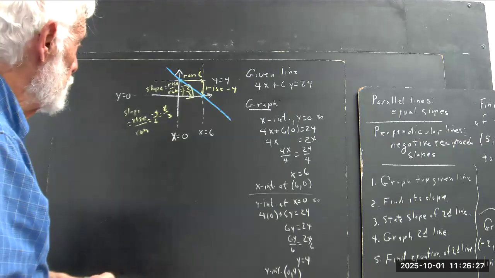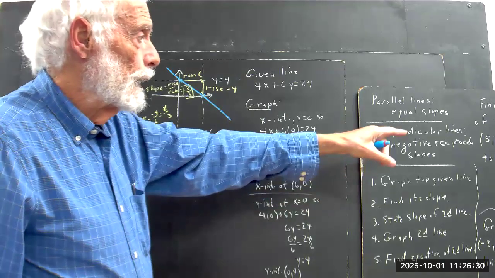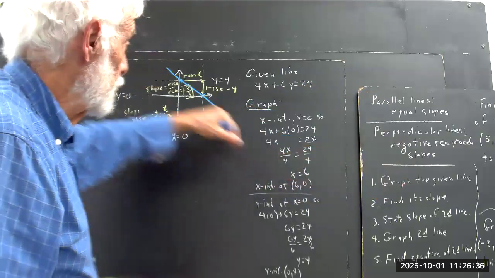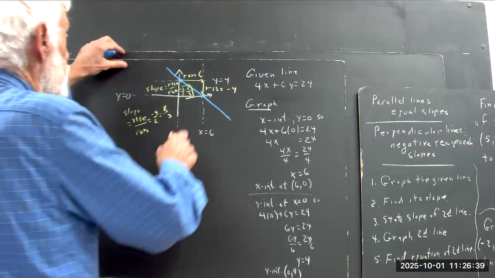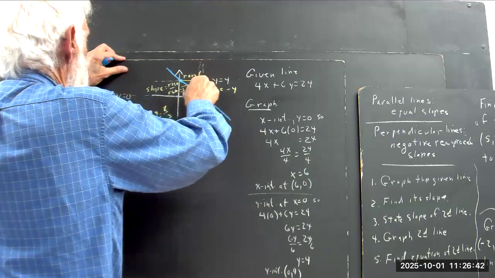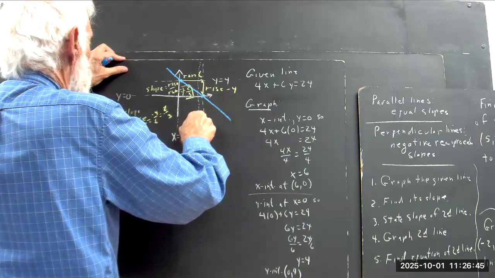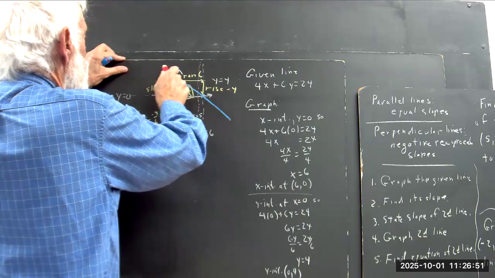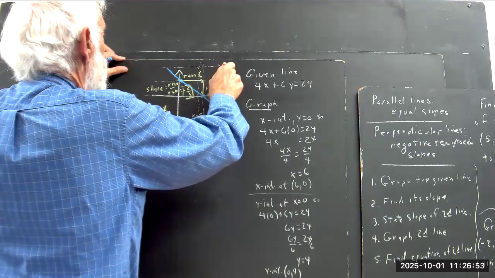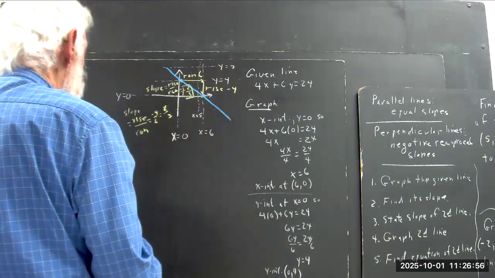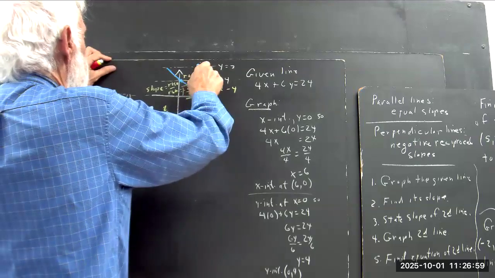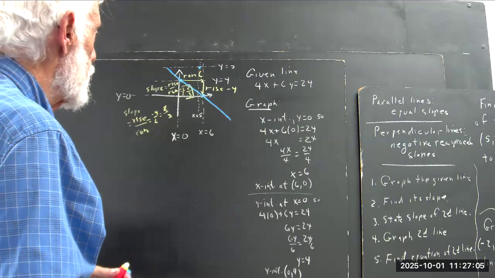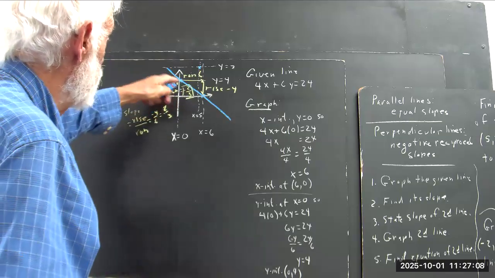Okay, now we've got the point (5, 7). We want to draw a line through (5, 7) perpendicular to this line. What does that mean on the graph? It means we go to the line x equals 5, which might be here, and we go all the way up to y equals 7, which is probably about here. And here we have the point (5, 7). The line has to be perpendicular to this line.